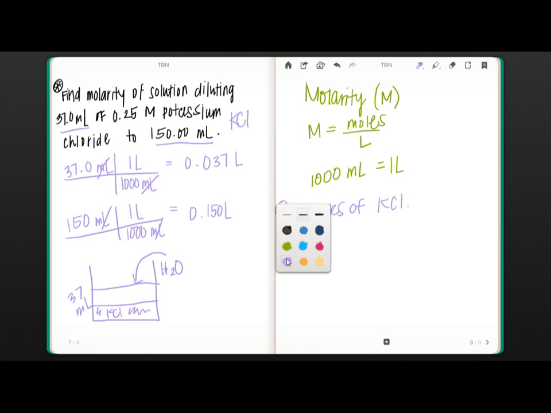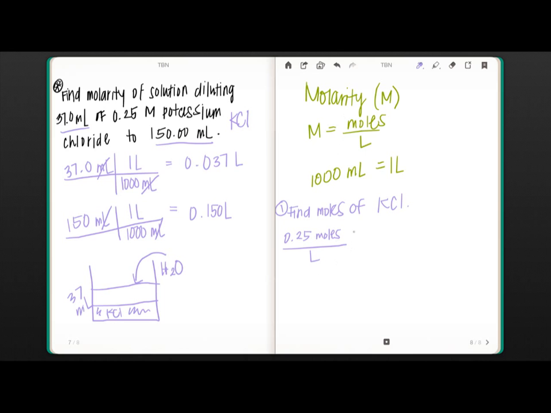You have 0.25 molarity potassium chloride, but the way I would write it, so that you can see the units cancel, is moles over liter. That's why it comes in handy, so that you know your units.